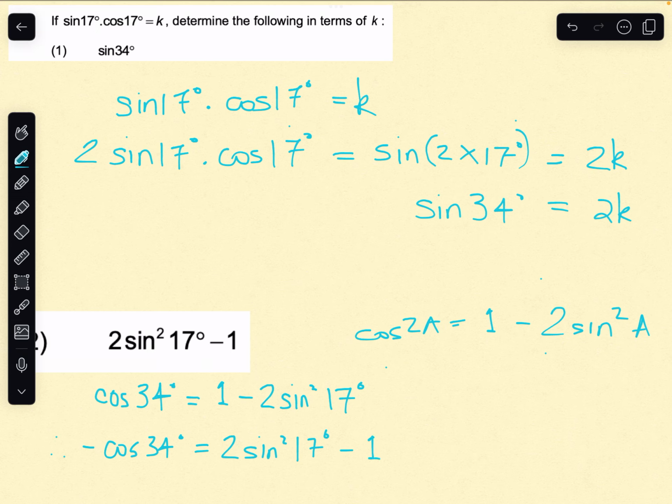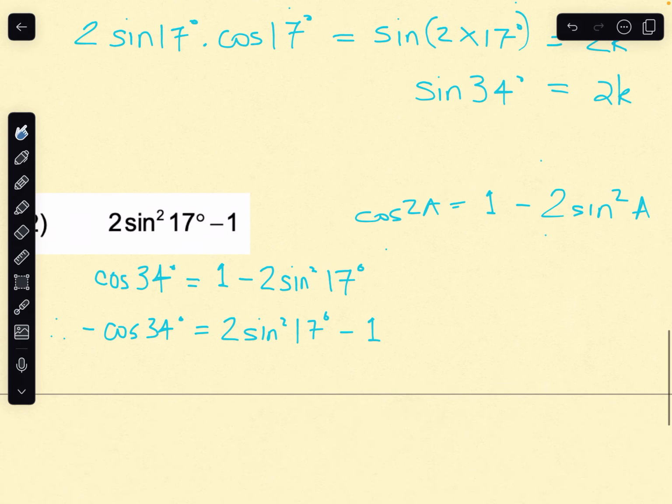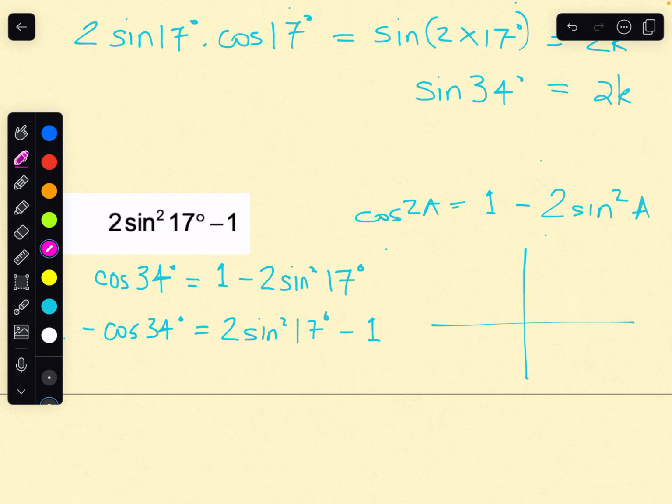Okay, so now I want to get an expression in terms of k for this guy. And because I already have an expression for sine 34 in terms of k, I can then use my little pretty diagram, right? So we know that 34 is in the first quadrant, 34 degrees.